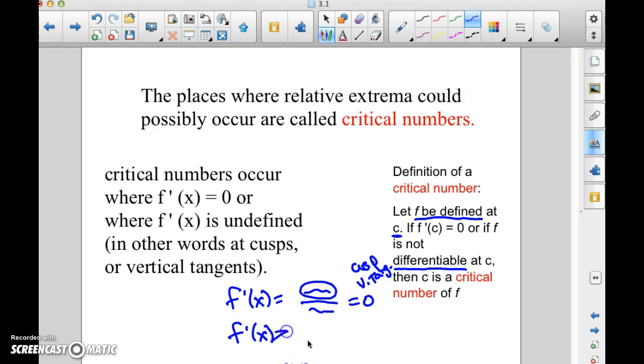If we have a function whose derivative is a fraction, we've got stuff up here, stuff down here, when will this derivative be undefined? It's when the denominator equals 0. So we're going to look at our derivative and analyze where the top equals 0 because that's going to be horizontal tangents, or where the denominator equals 0 because that's going to be our cusps and vertical tangents.